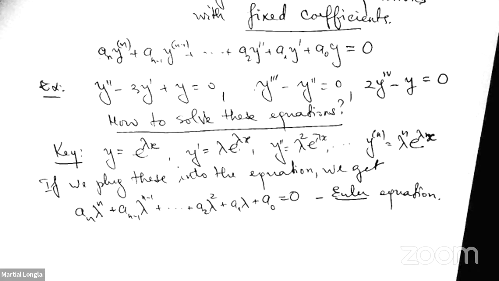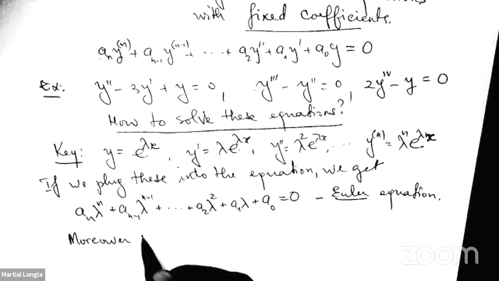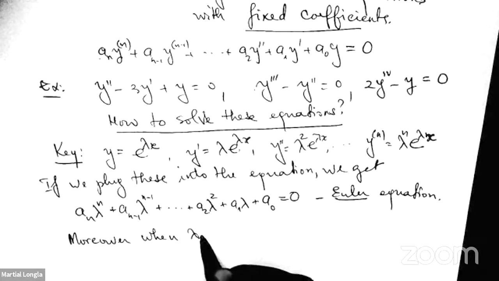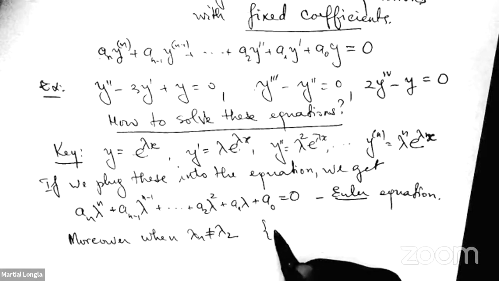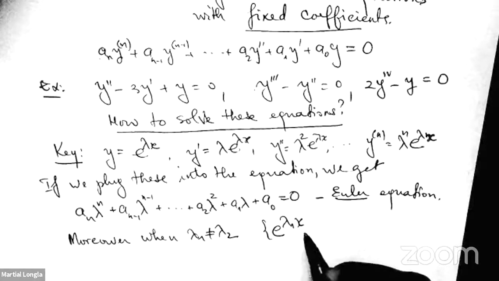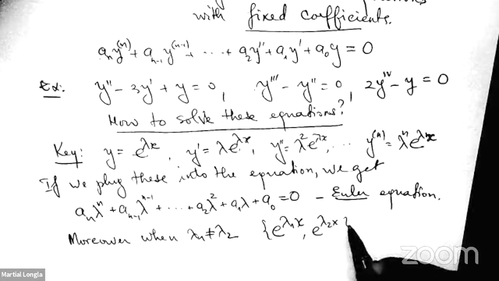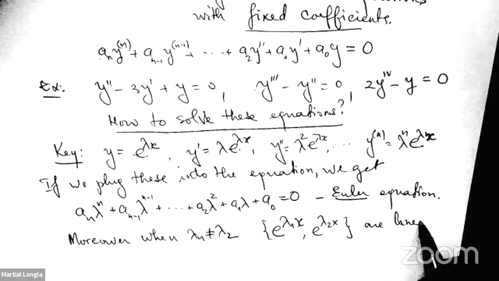And if that is the case, then each of them is going to give you a solution, and therefore you're hoping you will have as many solutions as the order of the equation, and therefore you'll be able to form a fundamental set of solutions. That's why. Say, moreover, when lambda 1 is not equal to lambda 2, the functions e to lambda 1 x, e to lambda 2 x are linearly independent.